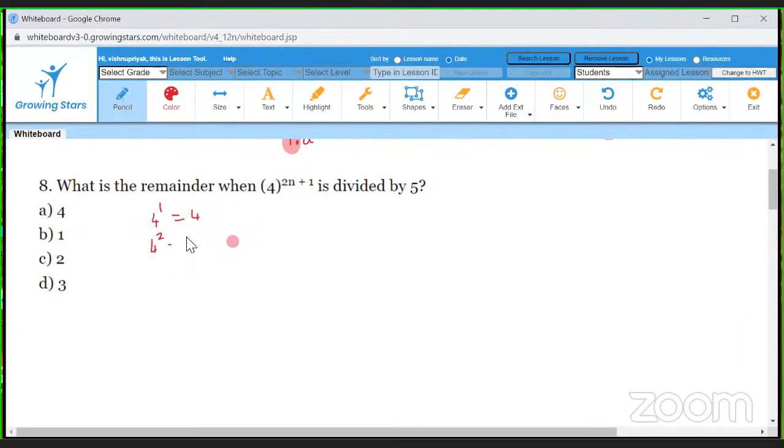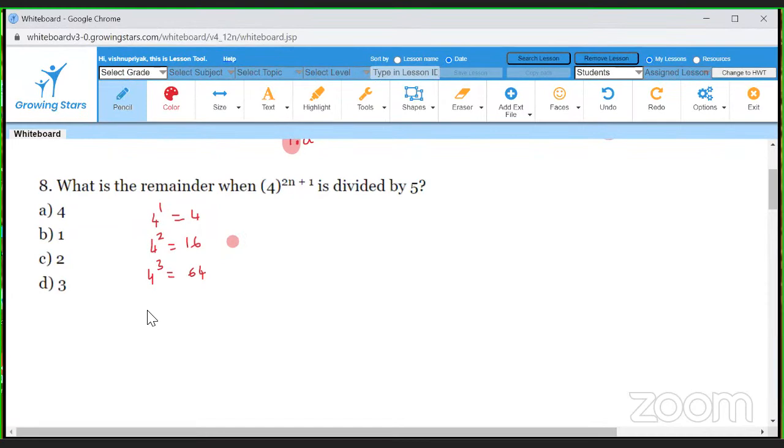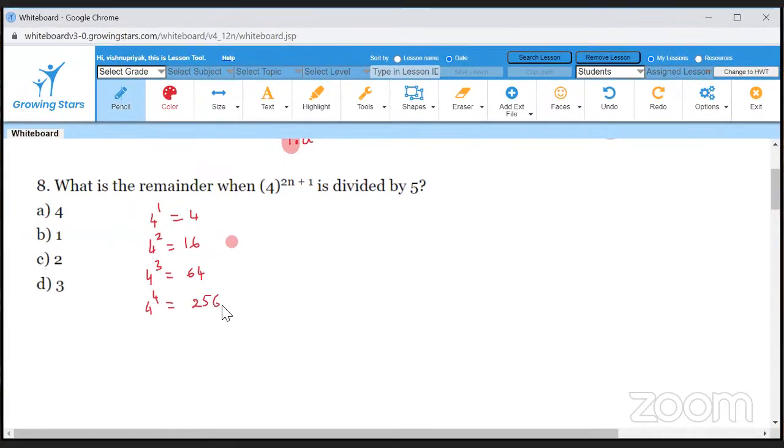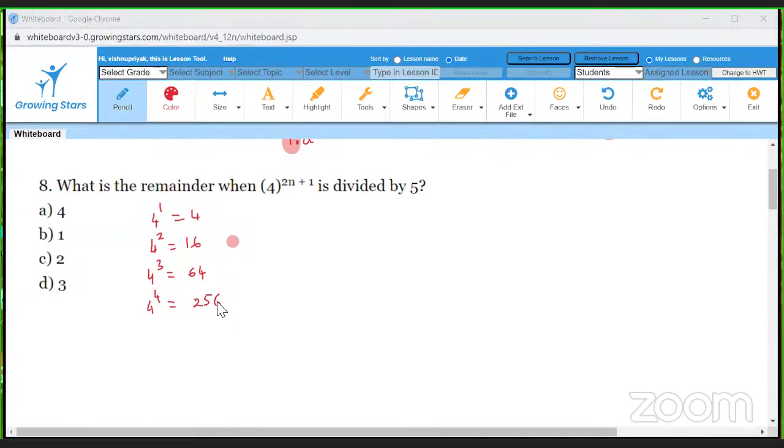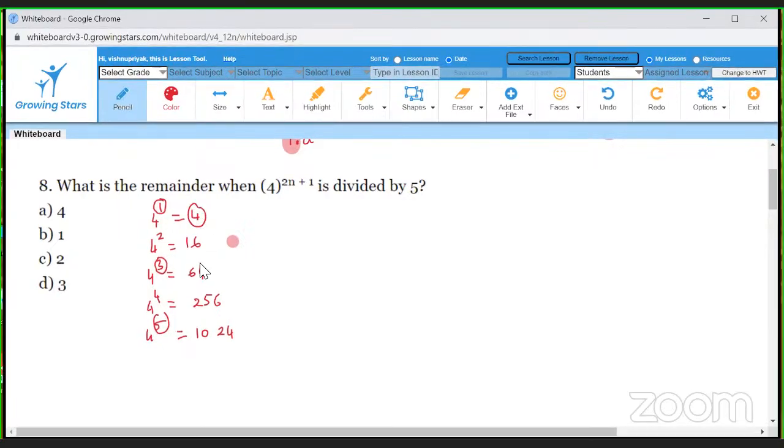If you see 4 square, it is 16. 4 cube is 64. 4 power 4 is 256. 4 power 5 is 1024, and so on. So, when you take odd powers of 4, they end with 4.